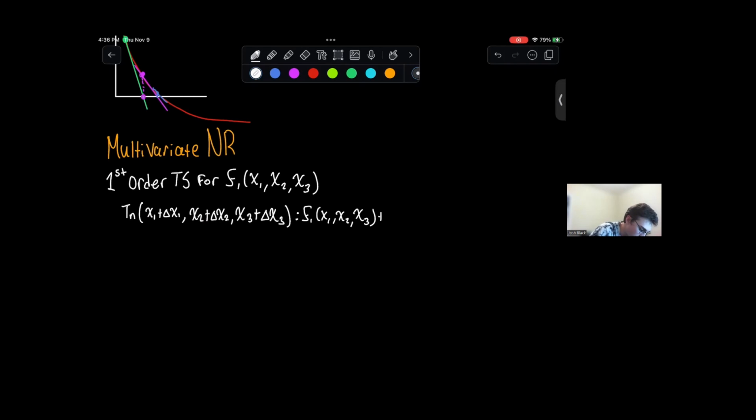So we would do the derivative with respect to x1, delta x1, plus the derivative with respect to x2, delta x2, plus the derivative of x3 times delta x3.